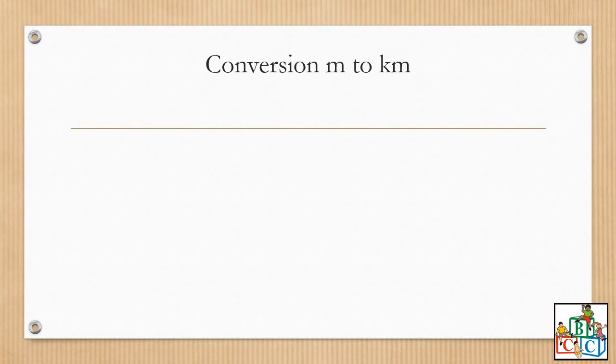Conversion, meters to kilometers. 1 meter is equal to 1 divided by 1000, 0.001 kilometer.